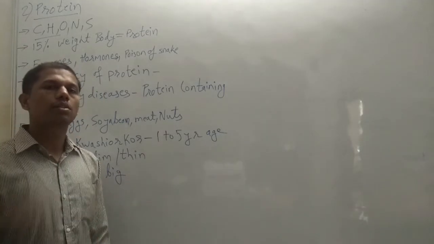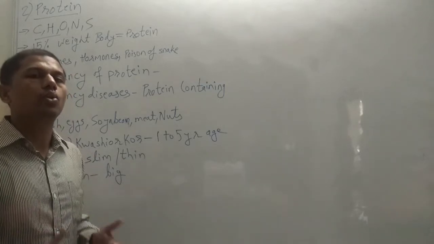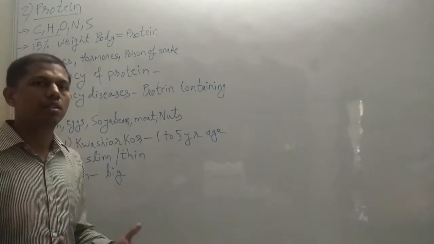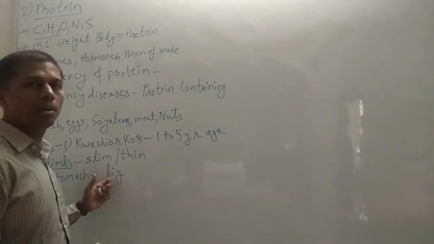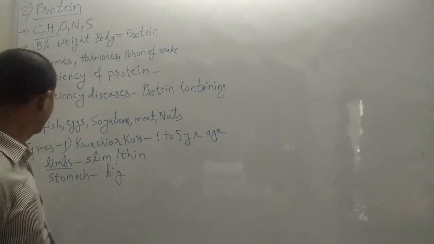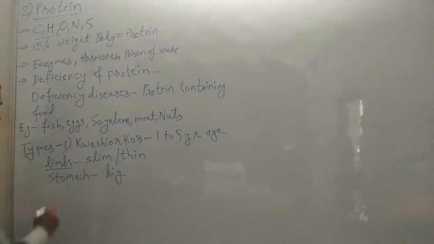Swelling in the stomach region can be seen and the belly is protruding outside, so it becomes big in size. So that is kwashiorkor disease.